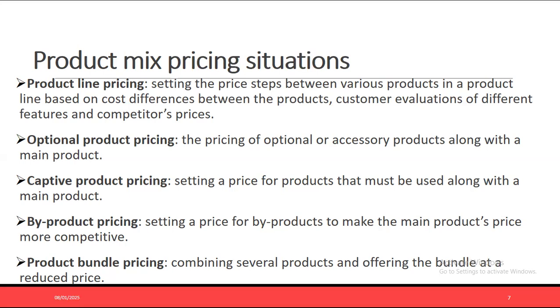And so as you price the main product, you add the other ones to it. So you price the products together. All right. Then you have byproduct pricing, where you set a price for the product to make the main product price more competitive.